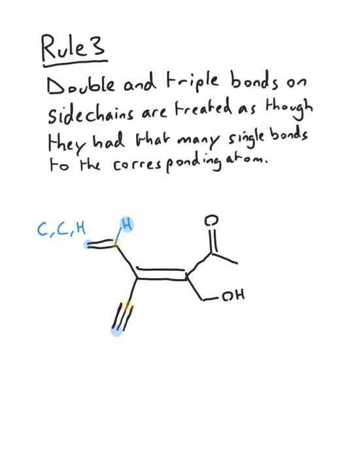Also on the bottom one, we have a triple bond, implying we have 3 carbons bonded to that carbon. Meaning that the point of difference, in this case, is that the bottom one has 3 carbons bonded to the first carbon, whilst the top one only has 2 carbons and a hydrogen. Carbon has a higher atomic number than hydrogen, so the bottom one is going to have higher priority. Now you try with the right hand side.